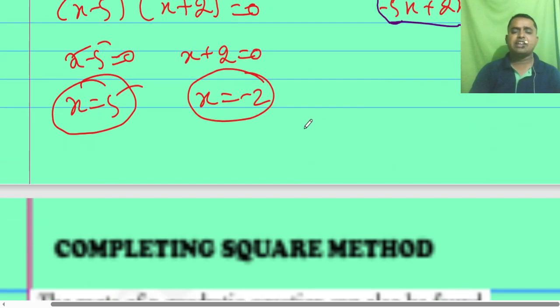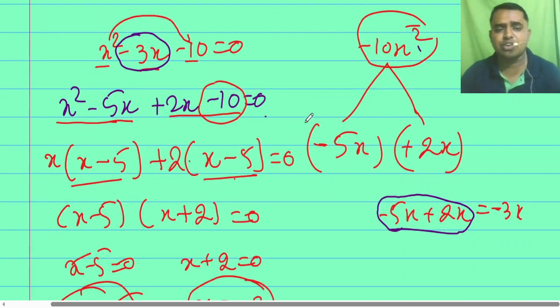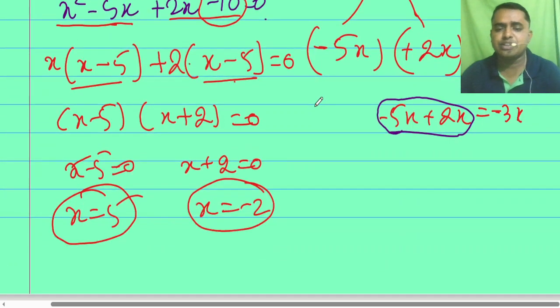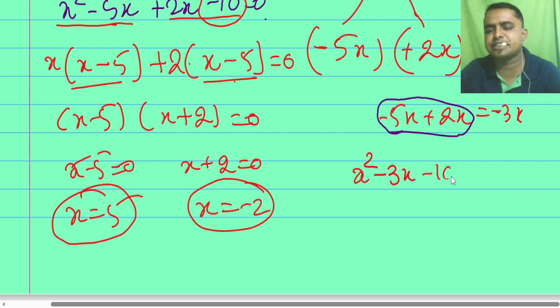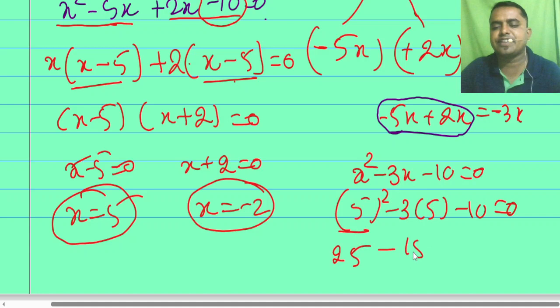Let us verify whether these values are correct, that is, whether they are solutions of the equation. How to cross check this? We have x square minus 3x minus 10 is equal to 0. Put the value of x as 5: 5 square minus 3 into 5 minus 10 is equal to 0. 5 square means 25. 3 fives are 15, minus 10.